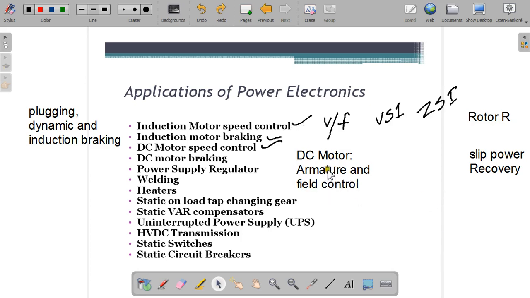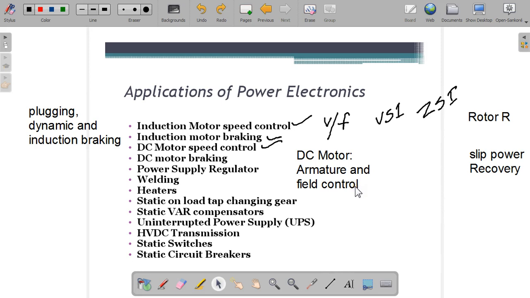In armature control, voltage is varied keeping the field voltage constant, while in field control, field voltage is varied keeping the armature voltage constant. Speed control below the base speed is obtained with armature control, while speed control above the base speed is done with the field control method.